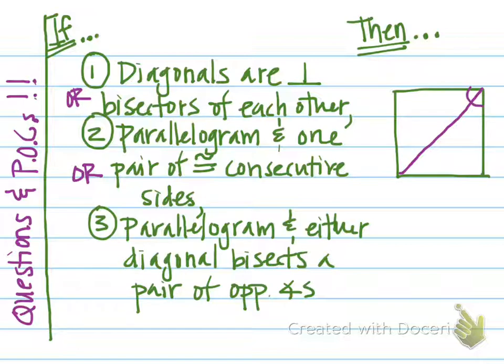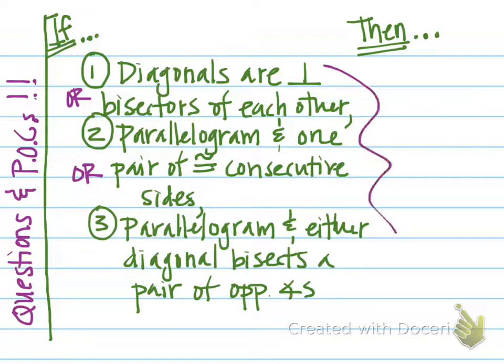So like those 2 angles are congruent and these 2 angles are congruent. Then what you've got is a rhombus.